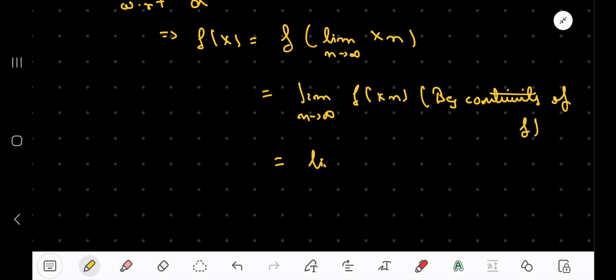But f of x_n is x_{n+1}, and this is again x.